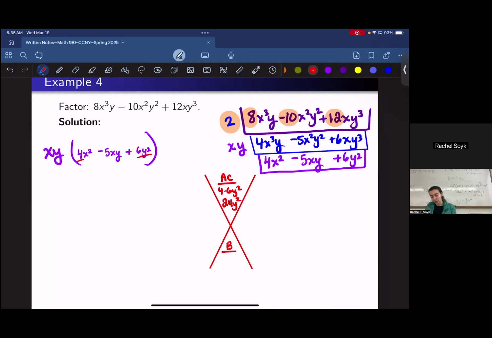And then what's our B? Negative 5y. What are factor pairs of 24y squared that add up to negative 5? So again, let's just start off with factor pairs of 24.